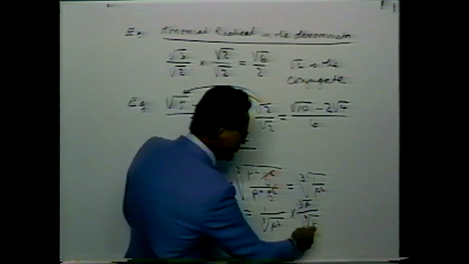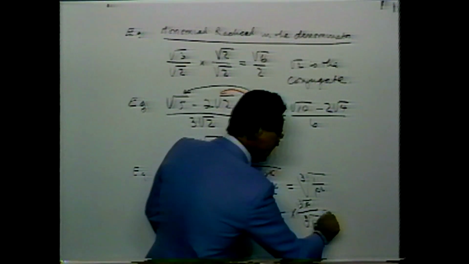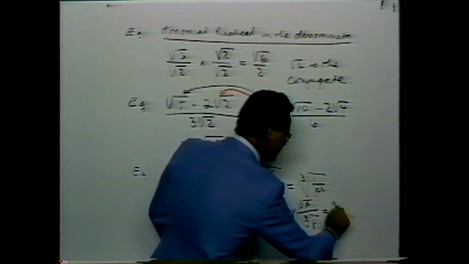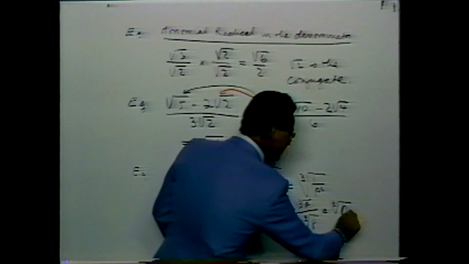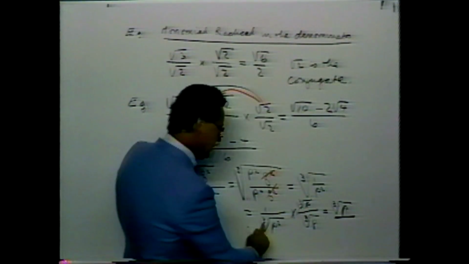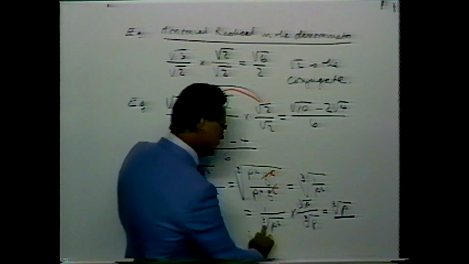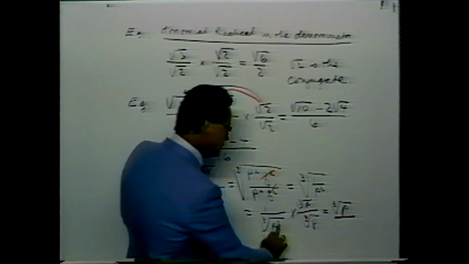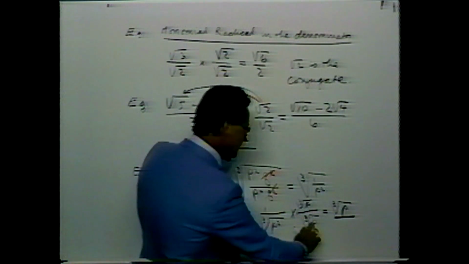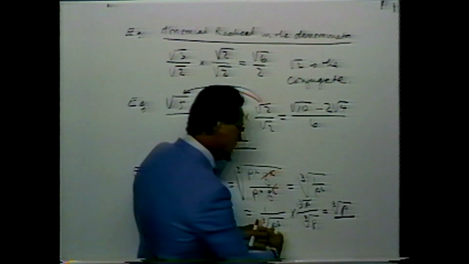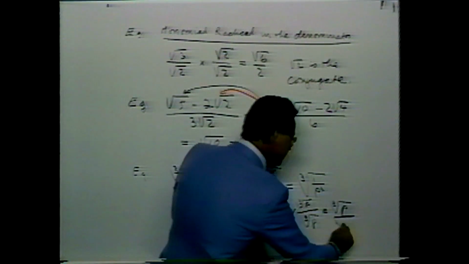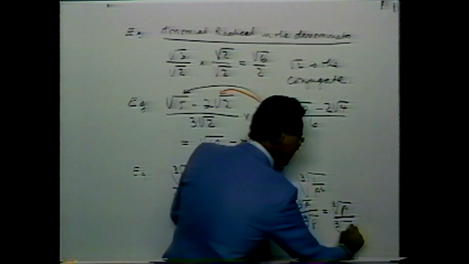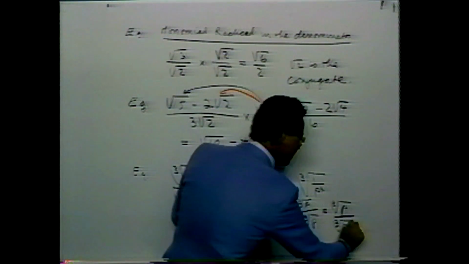1 times the cube root of p, then, is the cube root of p over, careful now and follow this thoroughly, the cube root of p squared times the cube root of p, which can be brought together under one radical, the cube root of p cubed.